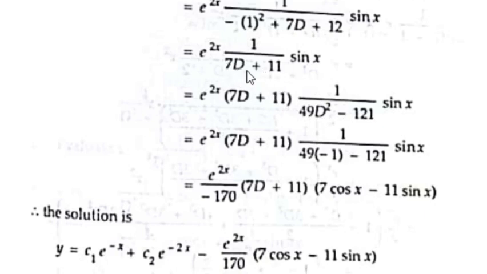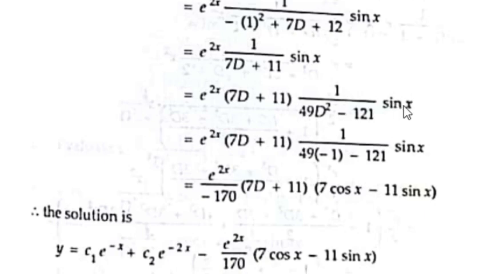So using (a plus b)(a minus b) equals a squared minus b squared, when multiplied by 7d minus 11 this gives (7d minus 11) divided by (49d squared minus 121) sin x.